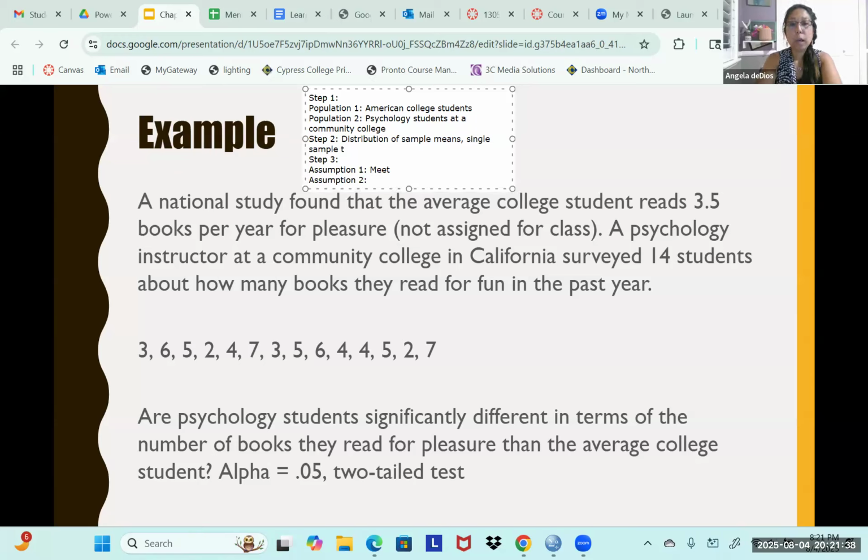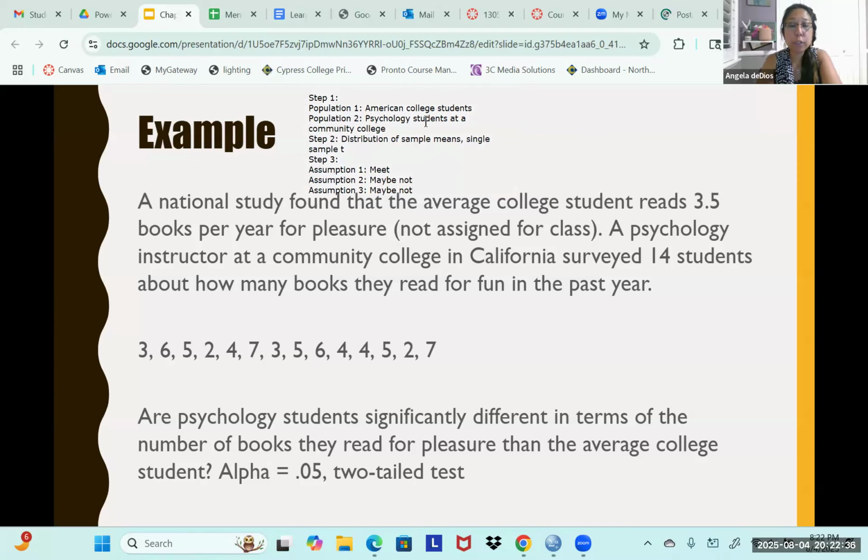Assumption 2, I don't see random sampling, so maybe not. Assumption 3, what was assumption 3 again? Let me double check. So do we know if it is normally distributed? Maybe not, we don't know. And we don't have a sample size of at least 30, so we don't know if we met that assumption.